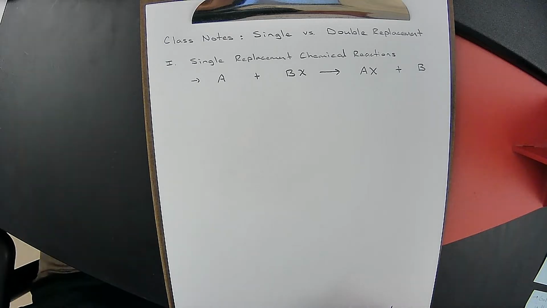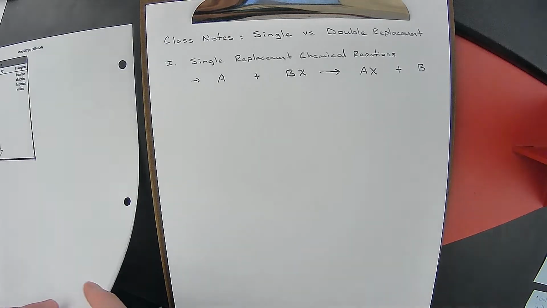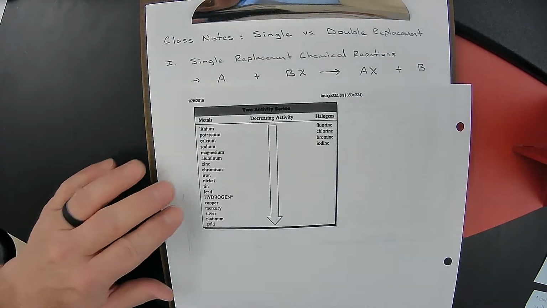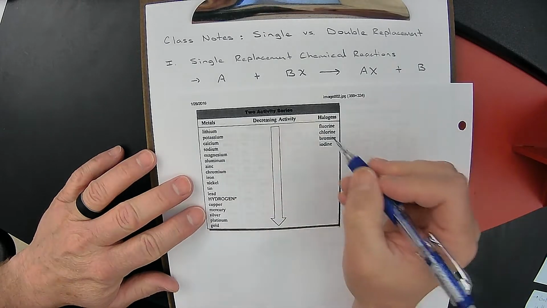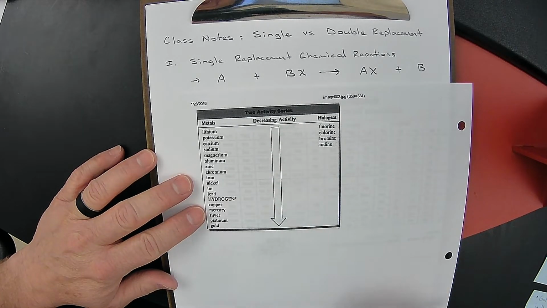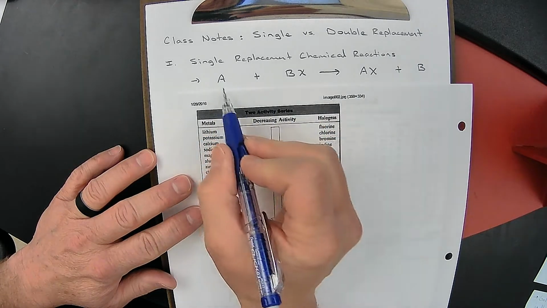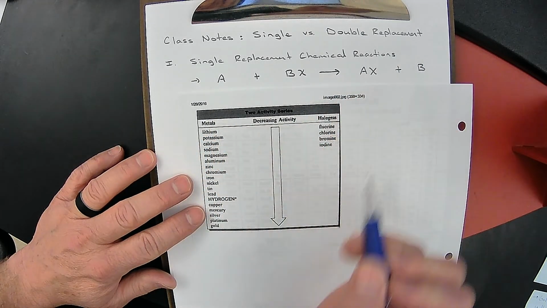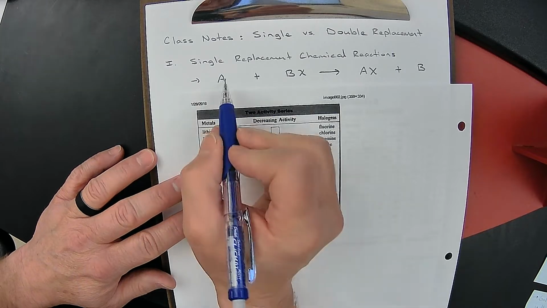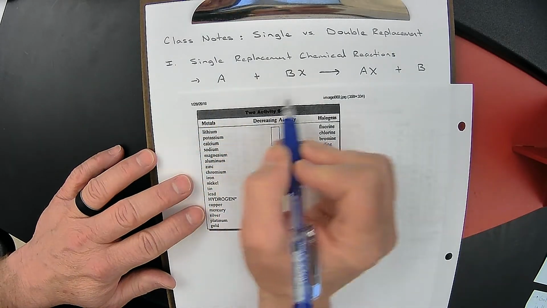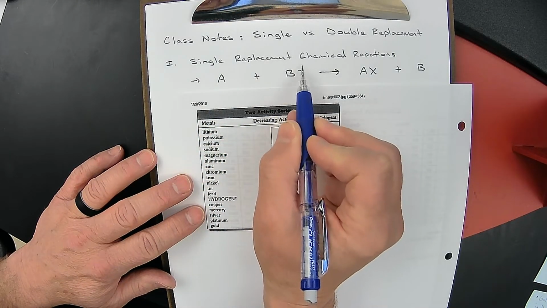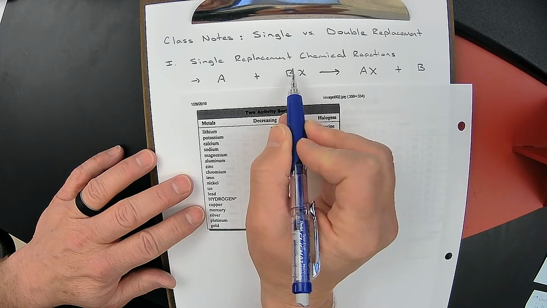Well, what we have to use is either a metal reactivity series or a halogen reactivity series. Now, in this case, we're looking at the pattern of a metal replacing another metal. If this was a halogen, it would be replacing the second element here, not the first.